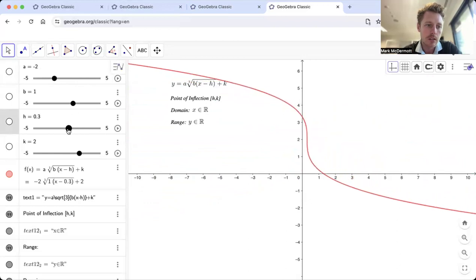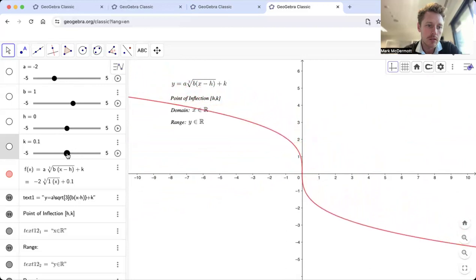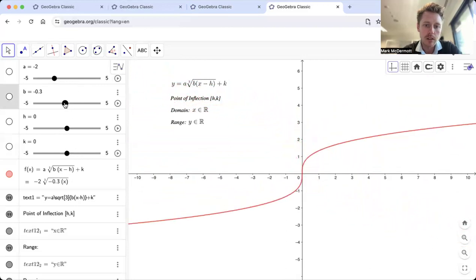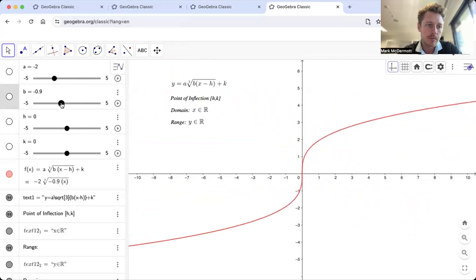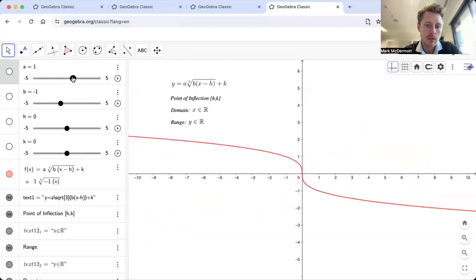And let's have a look at a reflection in the y-axis. If I change that back to 0, if I change that back to 1. Okay, that's a reflection in the y-axis for the graph, y equals the cube root of x. Okay, hopefully that's helpful somewhat.